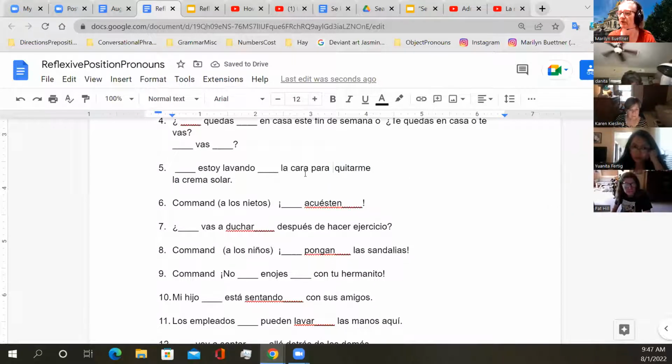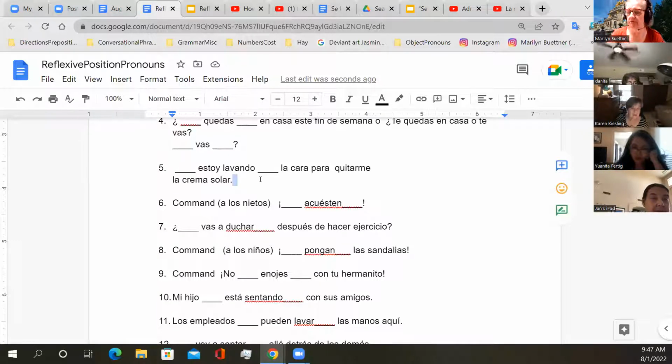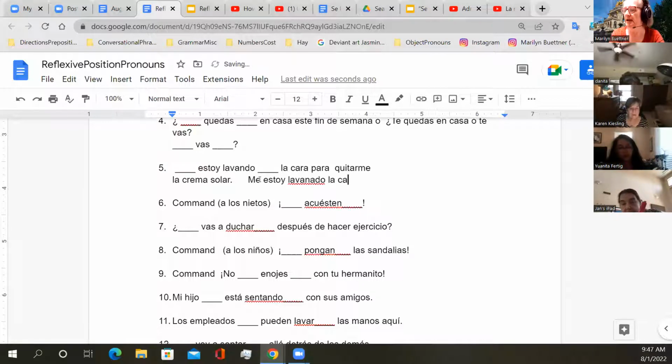Okay. But what about this one up here? Estoy lavando. I've got two verbs walking together. So I can do either. So what's it going to sound like? Me estoy lavando la cara o estoy lavándome la cara.